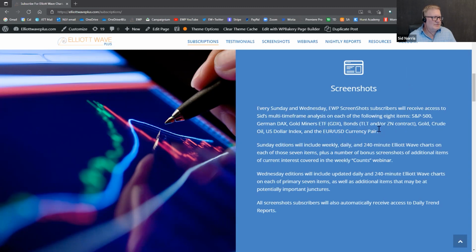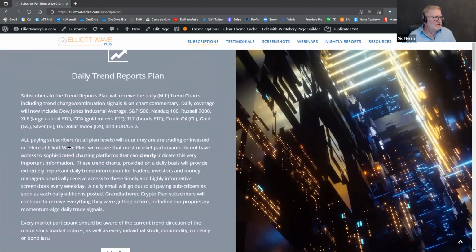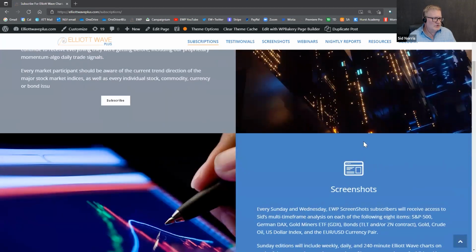There's about 7 or 8 items here, but if you've been a screenshot subscriber before, you know that on Wednesdays we send out updates, probably 60 different screenshots, and on weekends probably over 100, 120 different screenshots. That's $70 a month, and that $70 a month plan includes everything that's in the daily trend report. So you also have access to the nightly trend reports.